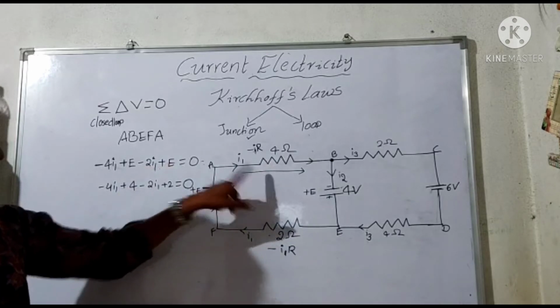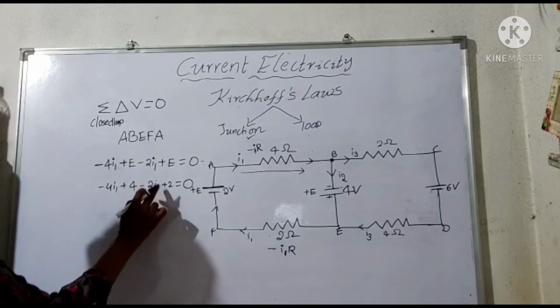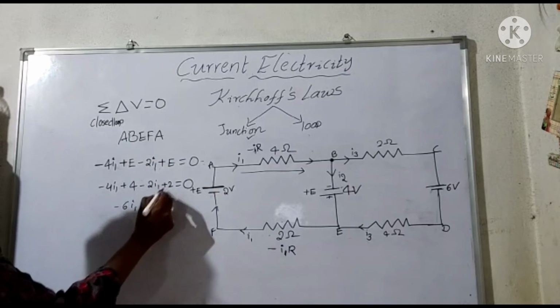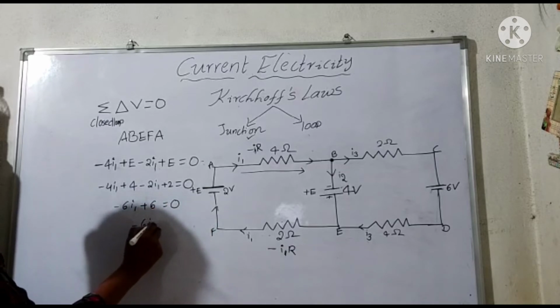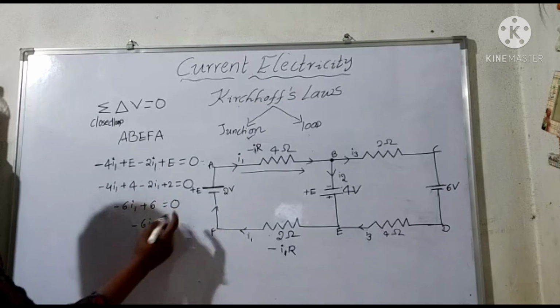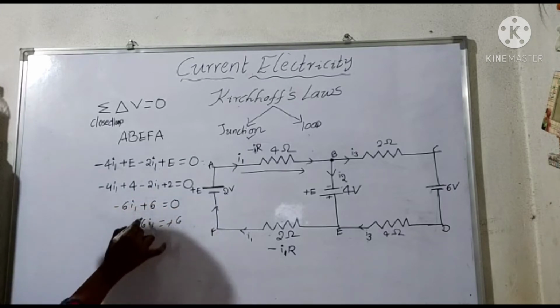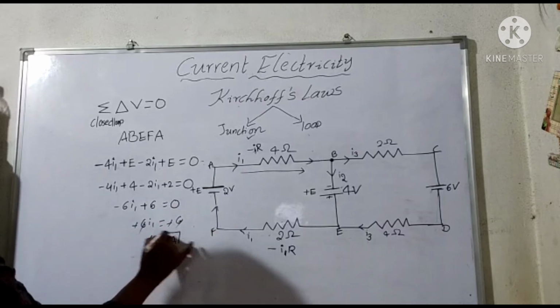So minus 4 I1 minus 2 I1 is minus 6 I1, plus 4 plus 2 is 6, equals 0. Minus 6 I1 plus 6 equals 0. Sent to that side, it gets the minus, so minus minus cancel and 6 cancels 6. I1 equals 1 ampere.